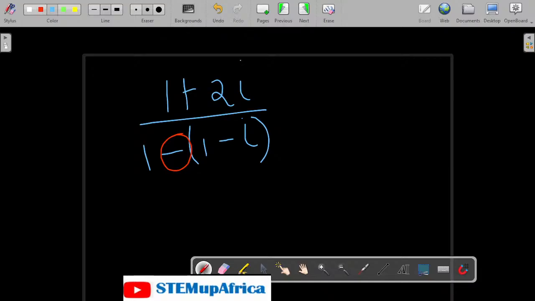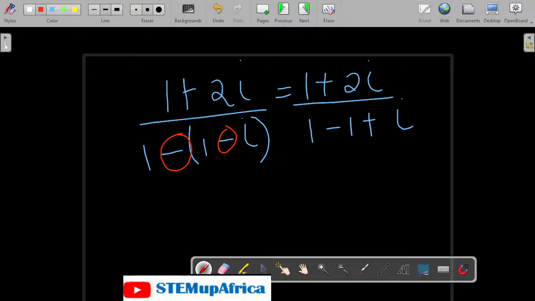If that should happen, then I'm going to have 1 plus 2i over 1 minus 1 plus i, because minus will give me plus. So minus 1 plus 1 is 0. I'm just left with 1 plus 2i over i.